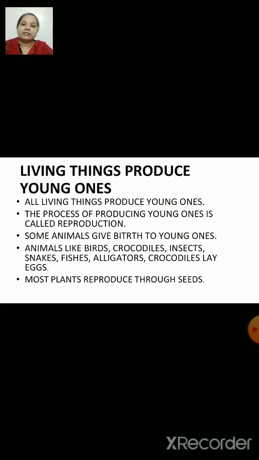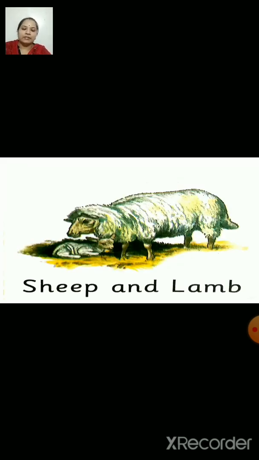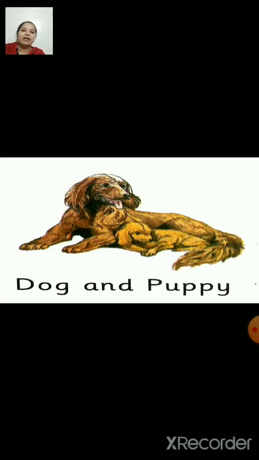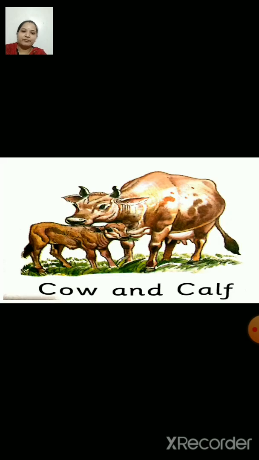Now let us have a look at the pictures. This is the picture of a sheep and its baby, the sheep and lamb, a dog and a puppy. Right, a dog gives birth to a puppy. Now, a cow and a calf.